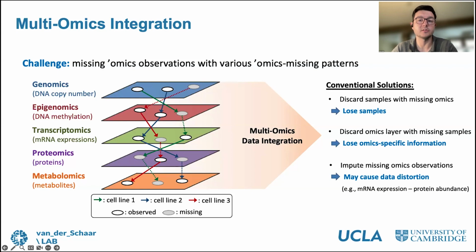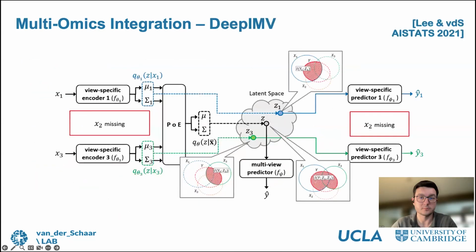And so conventional solutions for this often discard samples with missing omics, which loses samples. Alternatively, they could discard different omics layers which have missing samples, but this loses omics-specific information. Or alternatively, they're forced to impute missing omics observations, which may cause data distortion.